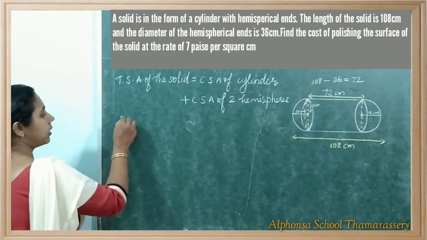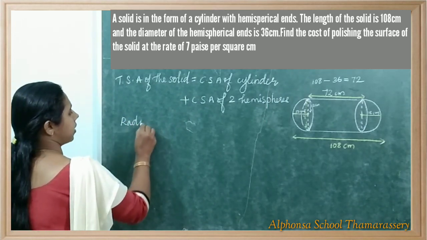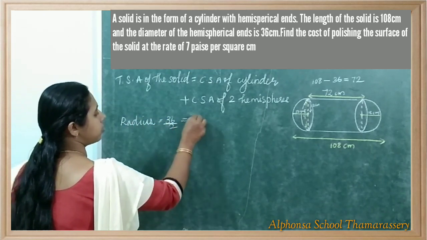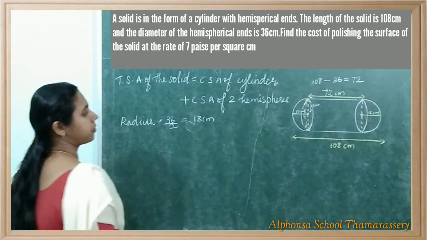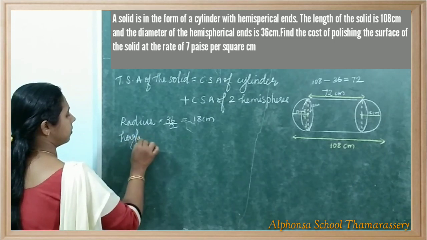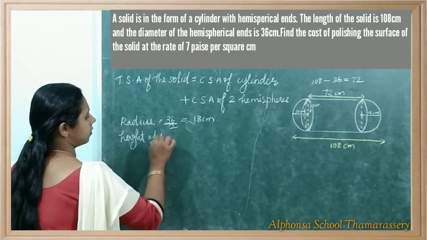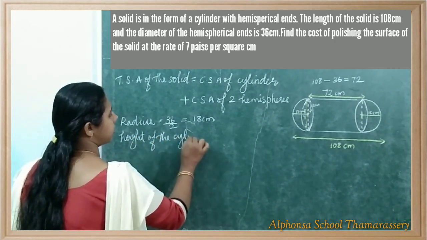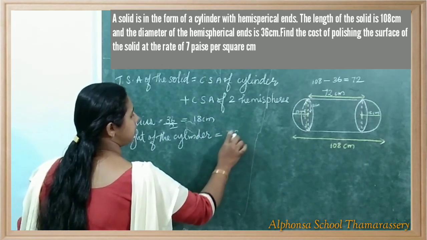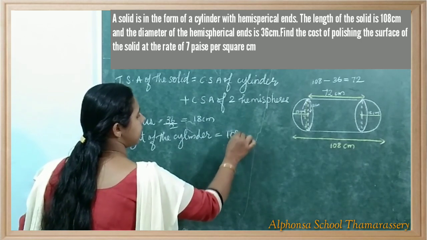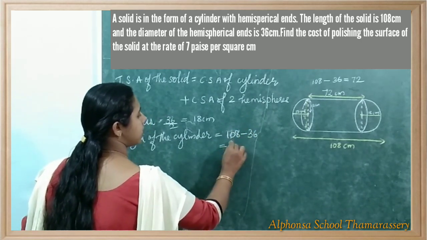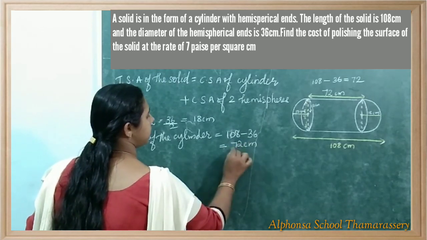So we know that the radius is equal to half of the diameter, that is equal to 18 centimeter, and height of the cylinder is equal to 72 centimeter, that is 108 minus 36, that is equal to 72 centimeter.